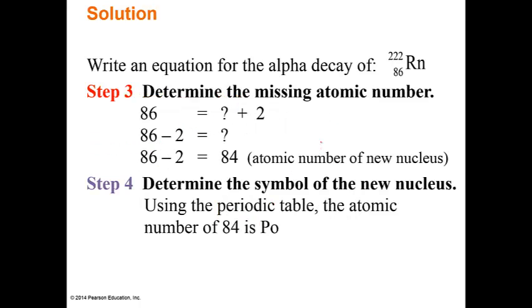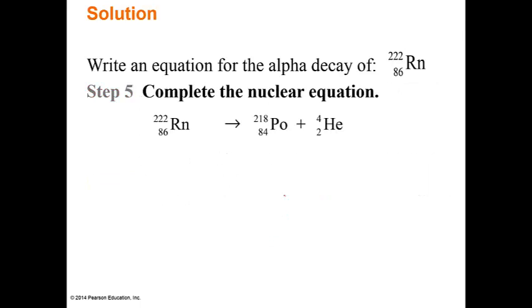Then we have to determine the missing atomic number. Well, 86 minus 2 is 84. If we use the periodic table and look for atomic number 84, it is polonium. And we know that 222 minus 4 is 218. So our new nucleus looks like polonium-218, and our alpha particle has completely left.